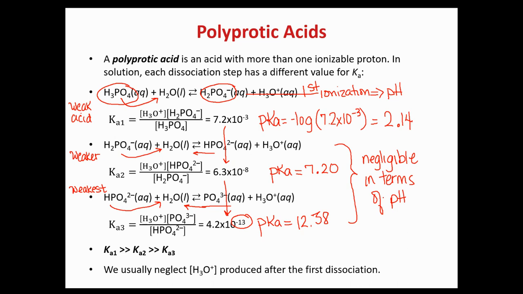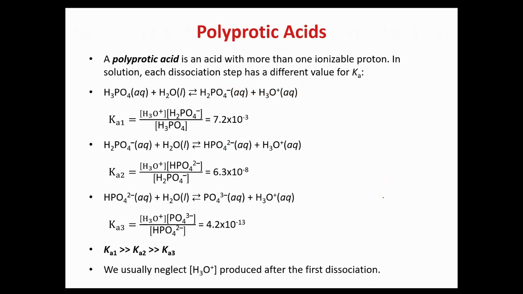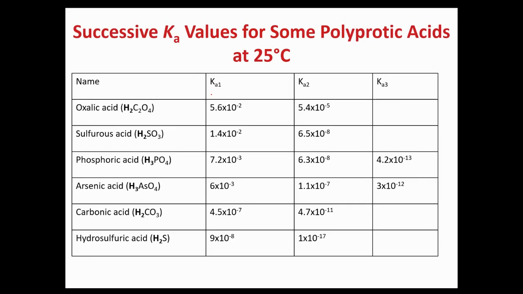Okay, let's go to the next slide. Here's Ka1s for these weak acids. Notice the trend. The first Ka is always larger than the second. And then the second is always larger than the third, and thirds tend to be very, very small Ka values.